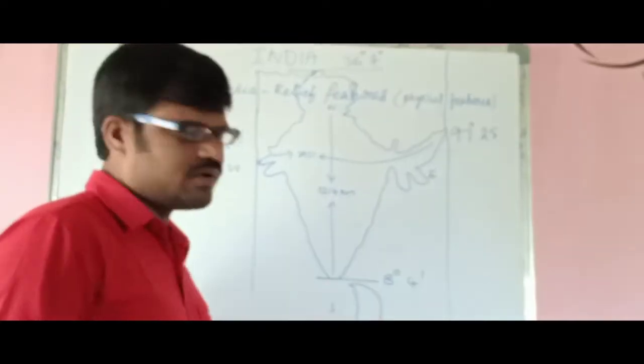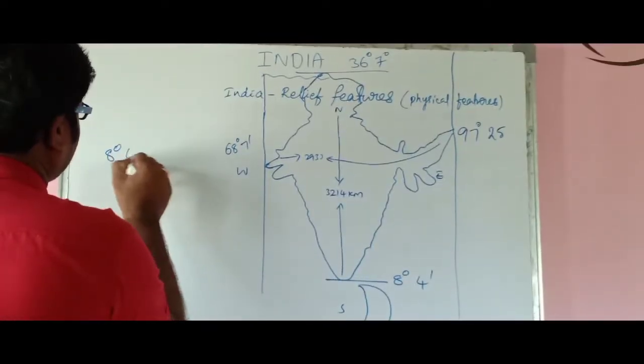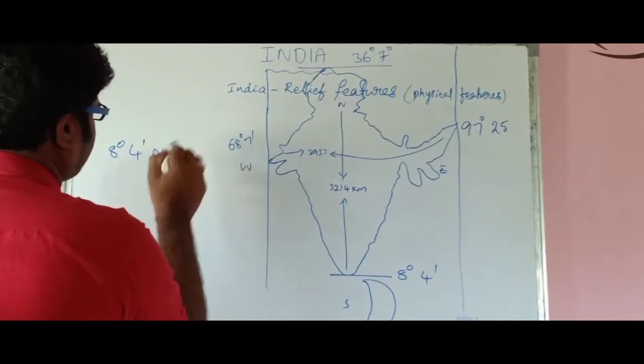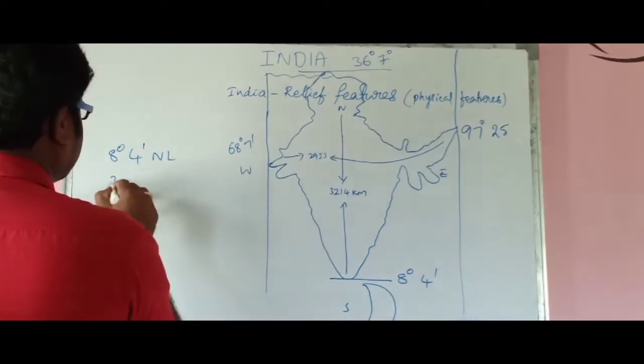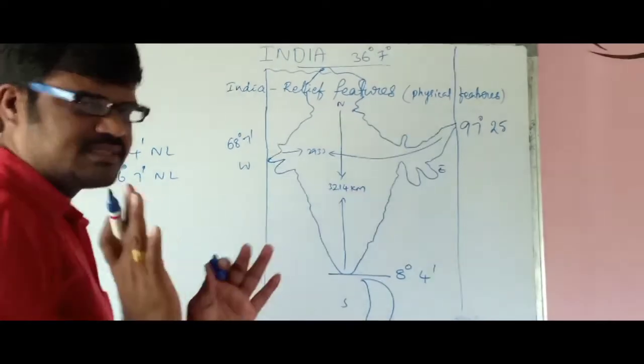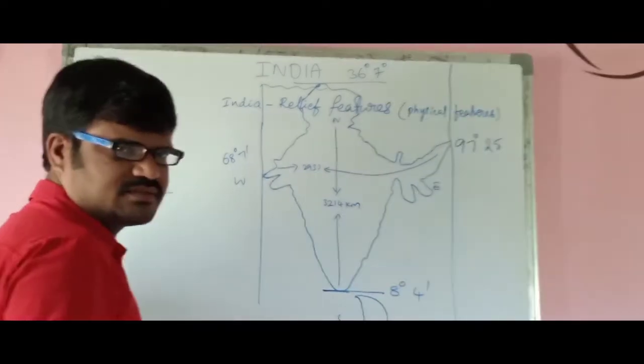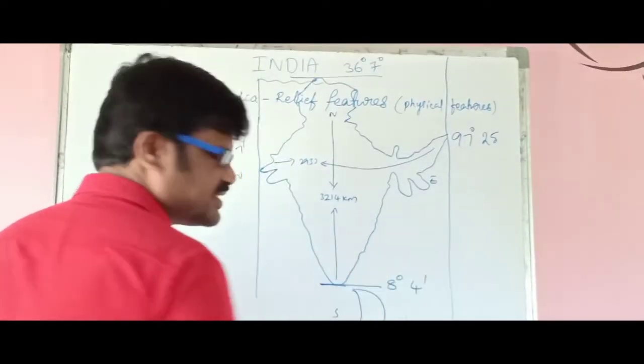I wrote on the board: India is located from 8 degrees 4 minutes north latitude to 36 degrees 7 minutes north latitude. Here is Kanyakumari, the last edge, where it starts at 8 degrees 4 minutes.